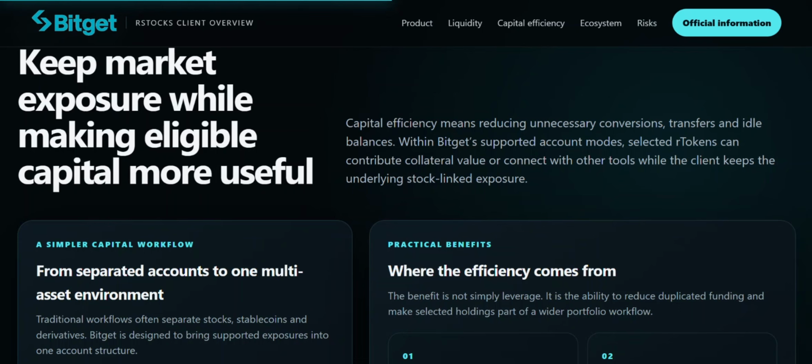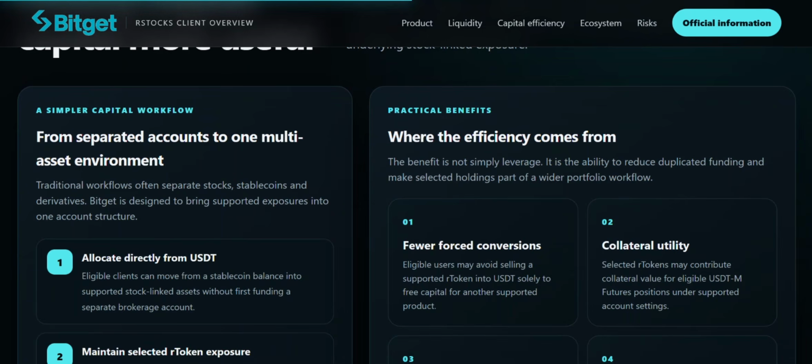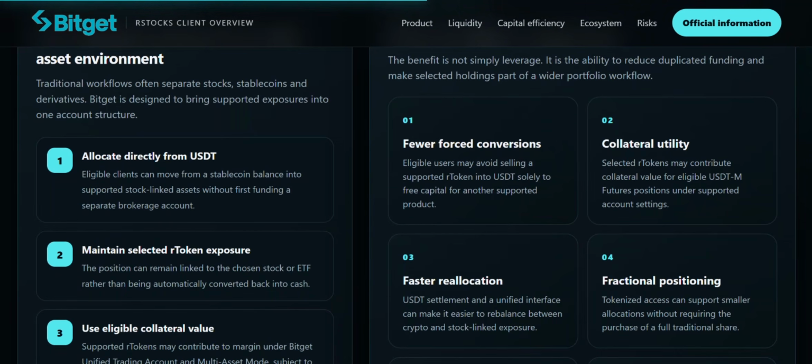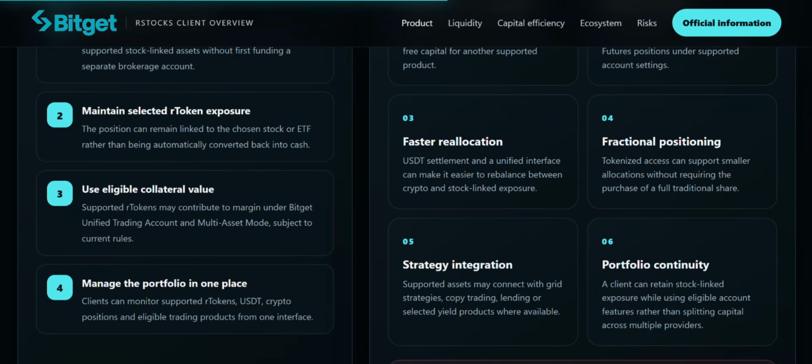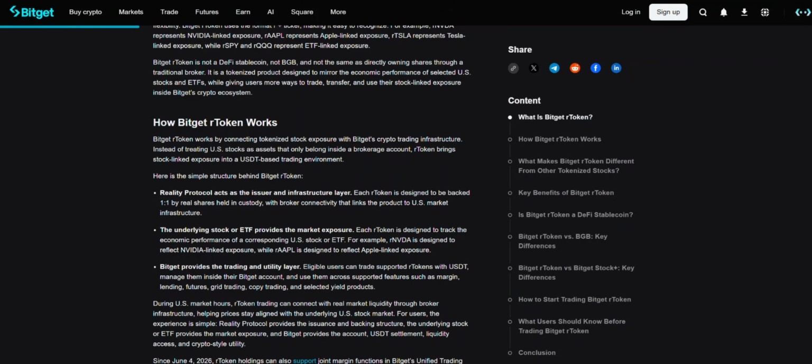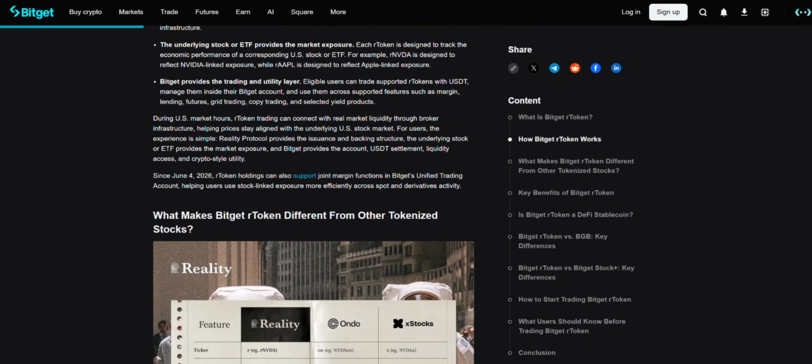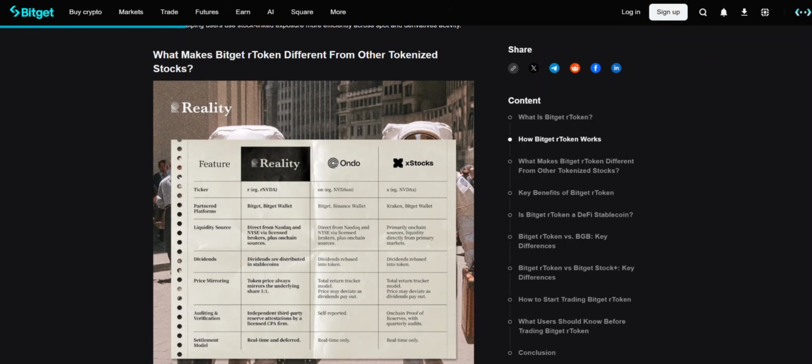So what that basically means is you can move stocks around, you can take loans against them, you can actually move them to a margin account. So if you want to, put some margin on there, which is basically leverage. There's a lot of information you can read on their actual information page, and it just goes on and on. There's a comparison table here as well.